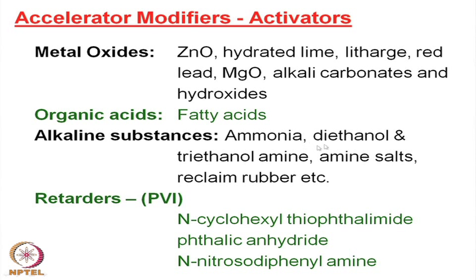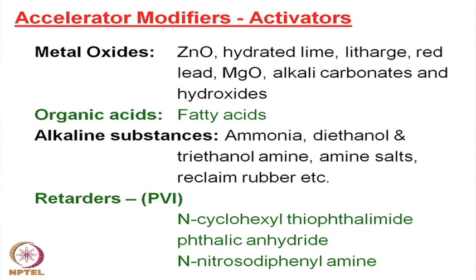Ammonia, diethanolamine or triethanolamine, amine salts, or even reclaimed rubber, which is alkaline, can increase the vulcanization rate. So we have discussed accelerators and accelerator modifiers, that means accelerator activators.